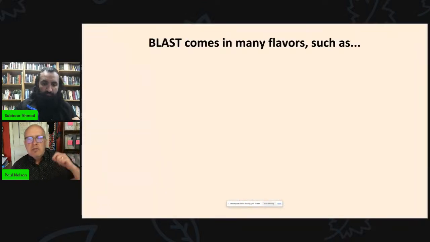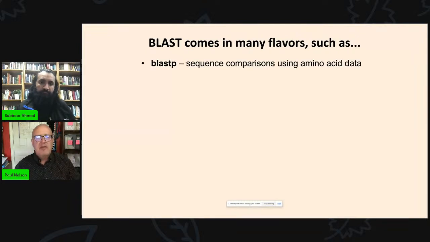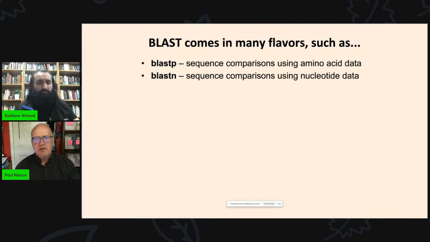Now, let's go back to the BLAST algorithm, and I'm almost done. I think I might run over by 5 minutes. I apologize for that. BLAST comes in many flavors. Probably the most widely used is BLAST-P, which is sequence comparison using amino acid data. P for protein.